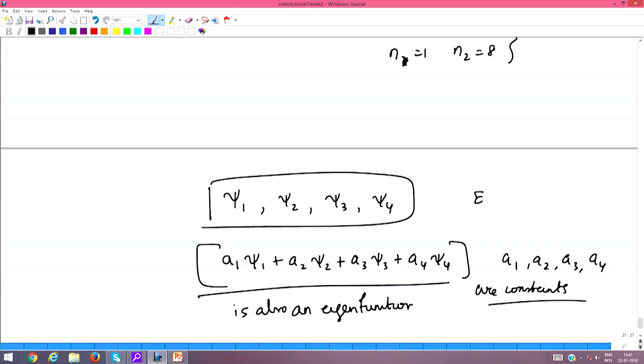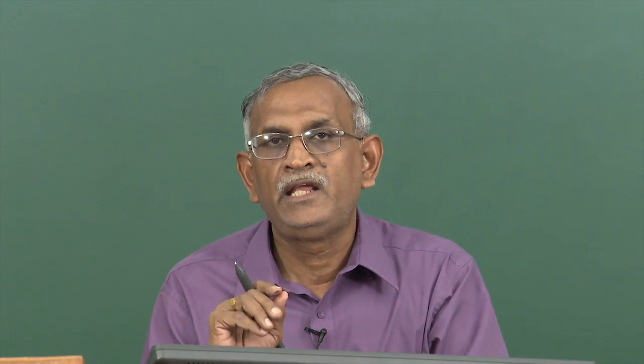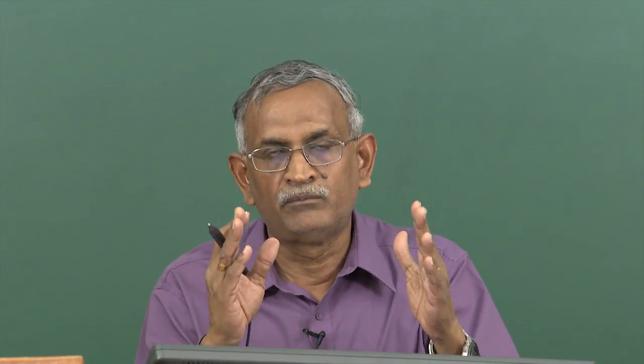Therefore, when you talk about degeneracy, the linear combinations of degenerate states are themselves eigenfunctions of the Hamiltonian if the states are eigenfunctions of the Hamiltonian. There are infinite combinations, but the number of linearly independent eigenstates for degenerate systems will be the same as the number of degenerate states.